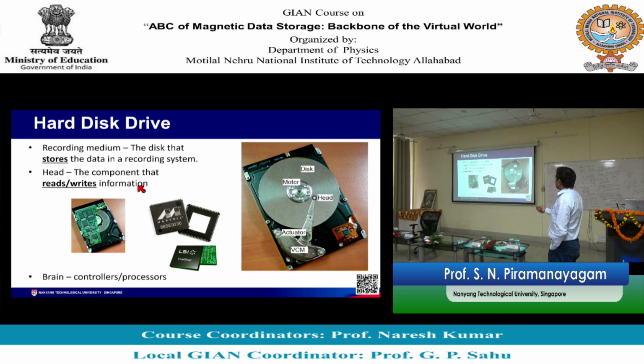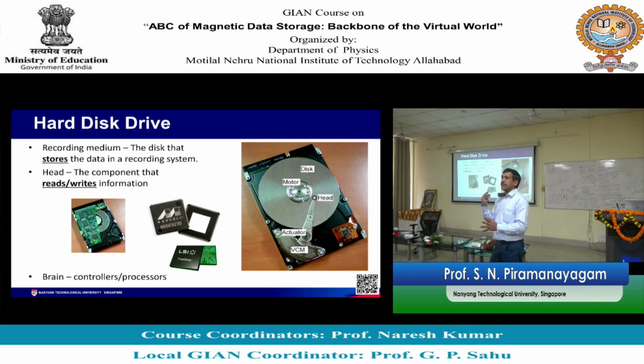And if you look at the back side of the hard disk drive, you will see some chips like this. Okay, so these chips are like the brain of the hard disk drive. So you will get some electrical signals from this head that go into this circuit board. So this will process the information and communicate to the computer in a way the computer can understand.